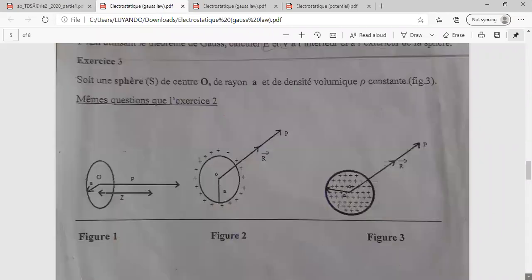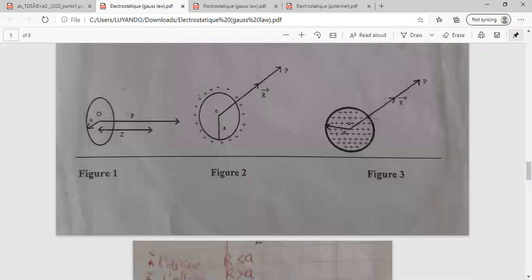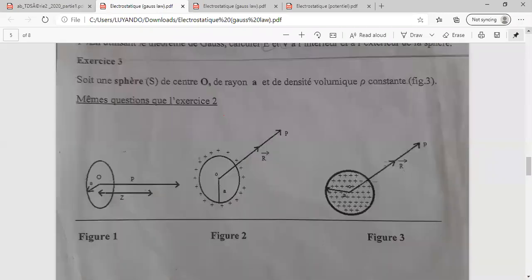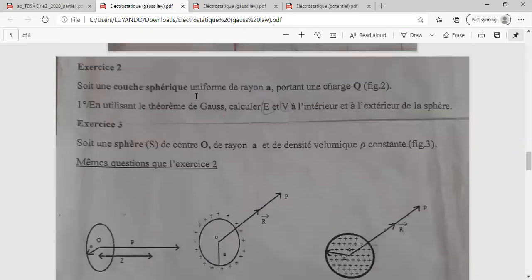Okay, so here we have it. We have exercise 2 and exercise 3. We have: soit une couche sphérique uniforme de rayon A portant une charge Q. Utilisant le théorème de Gauss, calculer E et V à l'intérieur et à l'extérieur de la sphère.